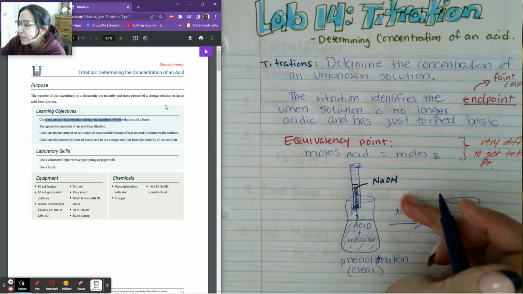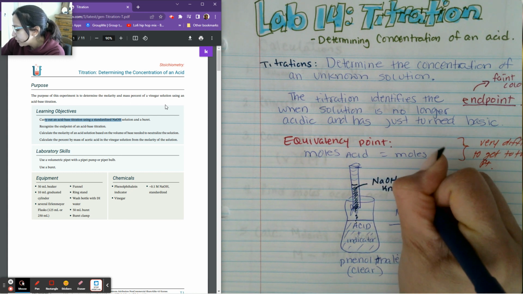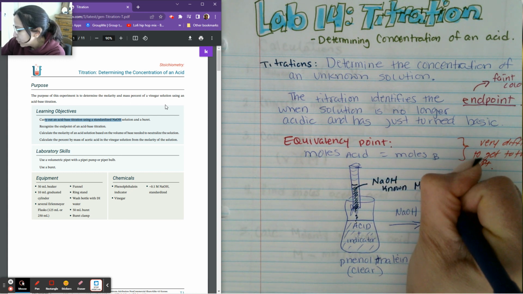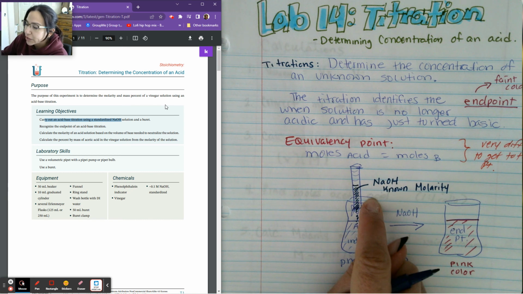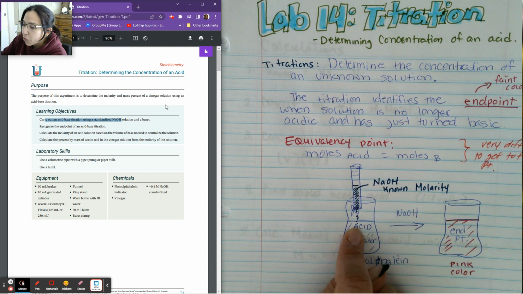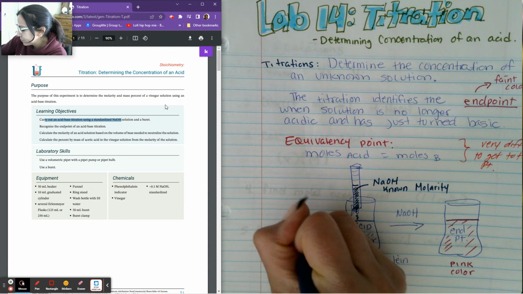Now, the sodium hydroxide is of known molarity. We know the concentration of our sodium hydroxide; we just don't know how much we're going to use. For our acid, in this case, we're going to be using acetic acid.